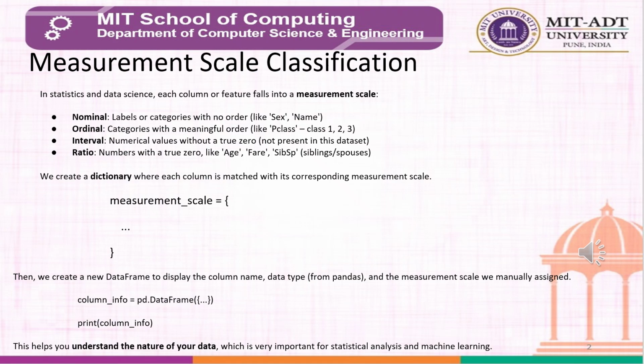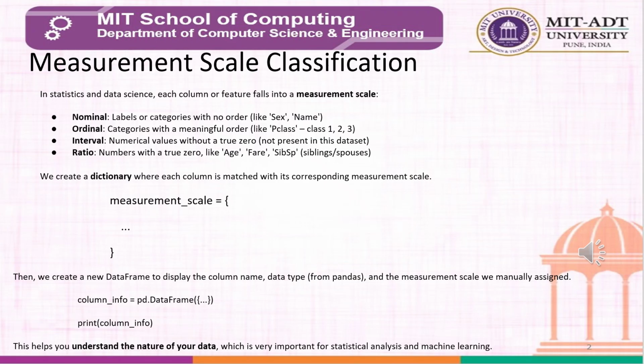Interval data is numerical values without a true zero. That is, as of now, not present in this dataset. Then there is another type, that is ratio. These are numbers with a true zero, like age, fare, SibSp, and so on.